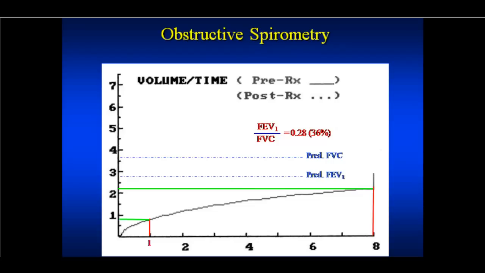This is only 36% of predicted for this gentleman's age, height, and race. Okay. This is the parameter we look at when we tell you in our report whether this person is airflow obstructed or not. That's it. This is the one value that we look at. All right. FEV1 and FVC can be in the normal range or out of the normal range. One can be normal. Typically, the FVC is going to be better in relative terms than the FEV1, and that's why we see the lower ratio.